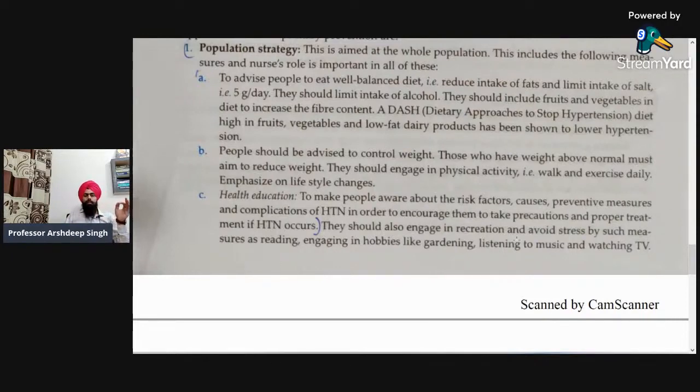When students enroll in community duty, they do home visiting, and the common topic for students for health education is always hypertension. They try to make people aware that this is hypertension and this can lead to various types of heart diseases. So that is the best possible and cost effective method, I would say, from which we can prevent a number of people at the mass level from hypertension.